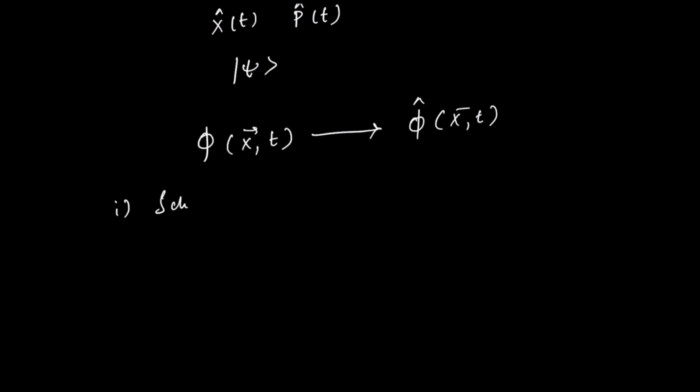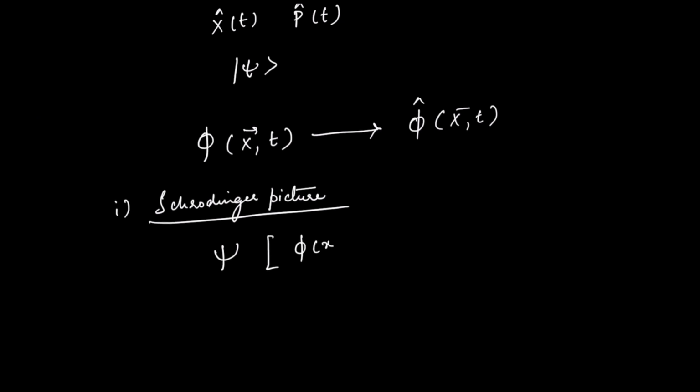In Schrodinger picture, the wave function psi will be psi of phi of x, where phi of x are the eigenvalues of the operator phi cap of x, which do not evolve with time.